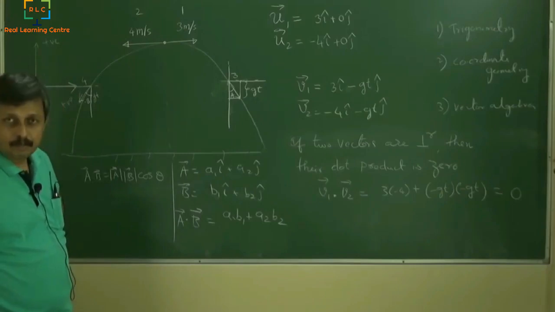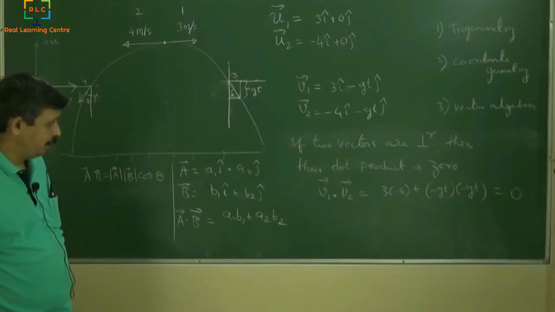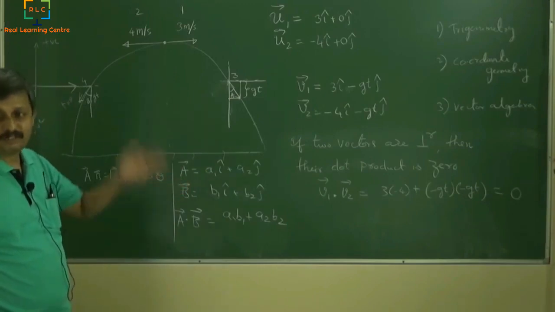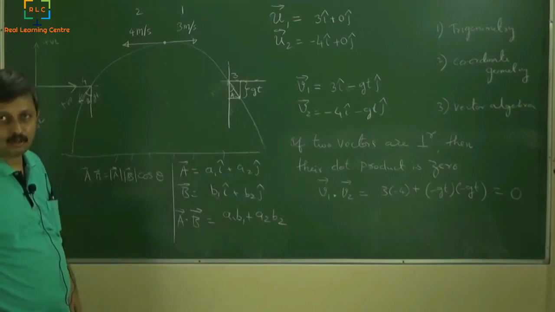So minus gT into minus gT is nothing but g square t square. This is minus 12. So you are back to the same question, same thing. t is equal to root 12 by g.